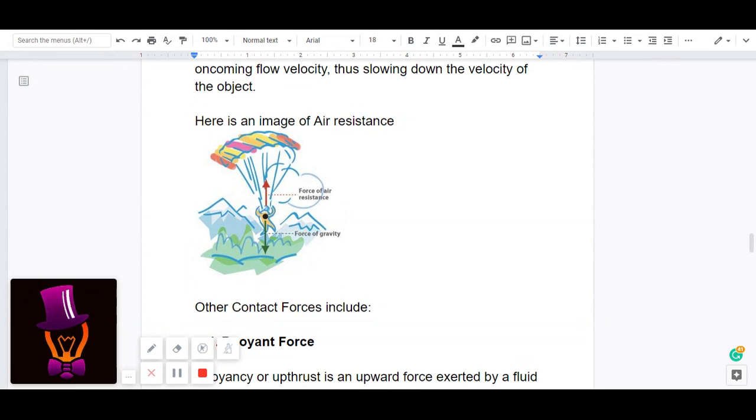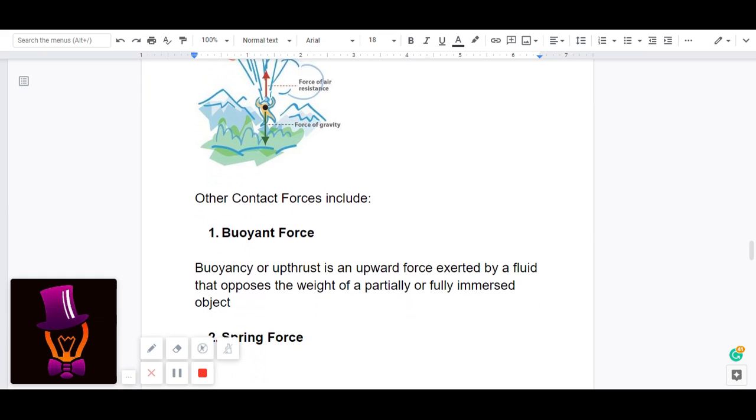The main reason why we use a parachute is to lower the velocity so that we won't crash on the ground. When the surface area of the parachute is more, the air resistance is more because the air molecules hit more of the parachute, and hence we fall smoothly on the ground.